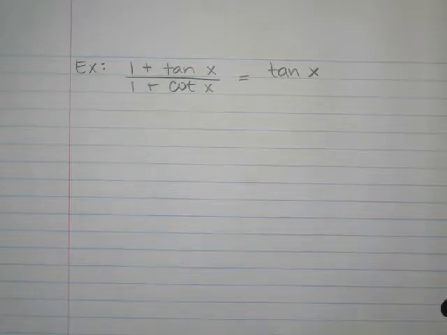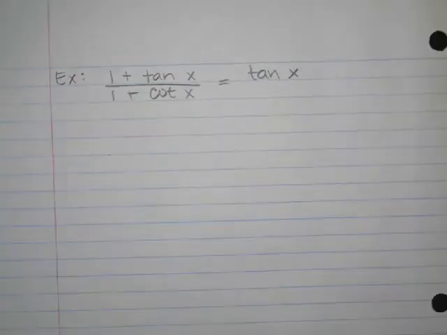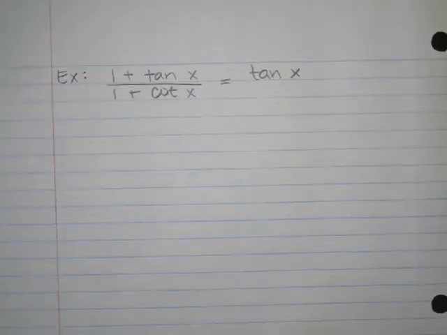So one of the things that I said yesterday when we were doing simplifying is when you see a direct relationship with the problem, don't necessarily put it in terms of sine and cosine. A lot of students would look at this problem and be like, let me turn it into sine and cosine. Sine and cosine is a possible way to do it, but you add yourself like 5 to 7 extra steps.